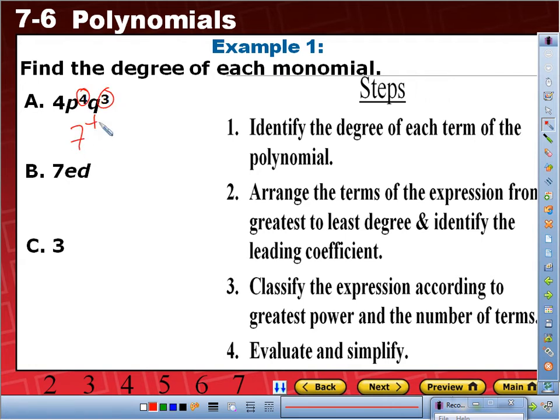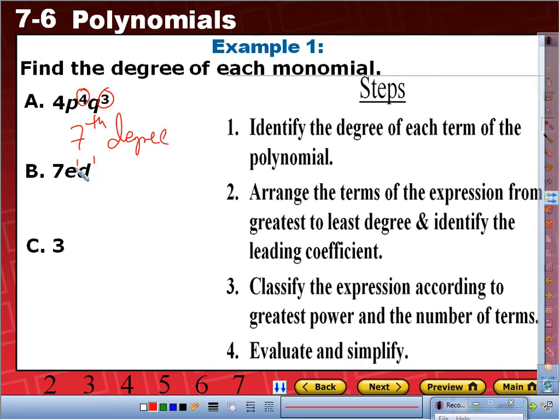So this is the 7th degree. We look at this one. We look at the variables. This is an exponent of 1. Exponent of 1, what do we do? We add the exponents. So this is the 2nd degree. This one does not have a variable, so we don't have any variables to get an exponent from, so this is the 0 degree.